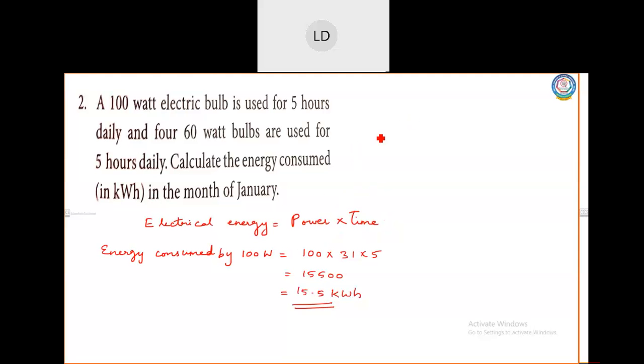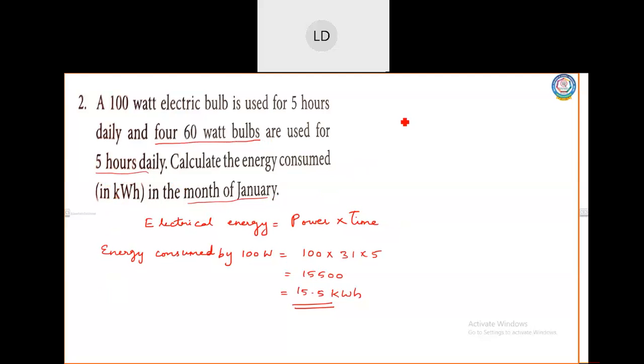Next we move on to the 60-watt bulb. Now here, how many bulbs are used? 4 electric bulbs are used and they are used for 5 hours daily. You need to calculate it for the month of January.